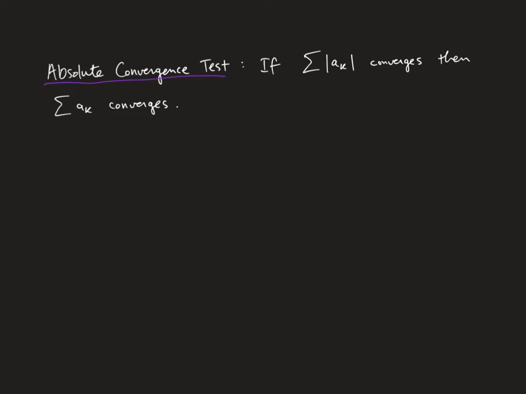Okay, so the little informal argument we just gave translates to: if the series composed of the absolute values of the terms converges, then the original series must also converge. So the proof is, if we want to show this converges by the Cauchy criterion, we need to show that for any epsilon greater than 0, and so on. So let epsilon greater than 0 be given.